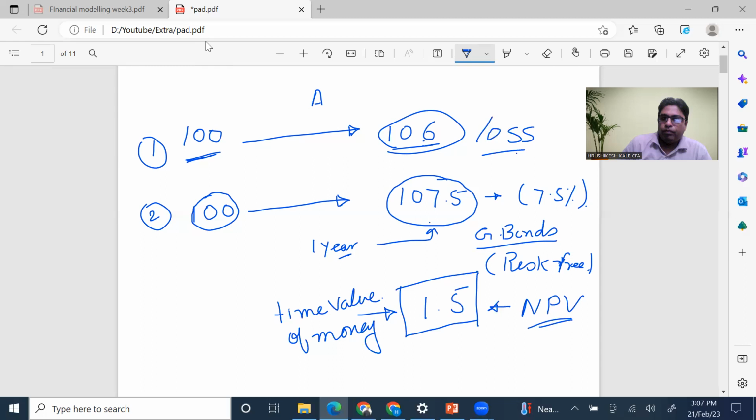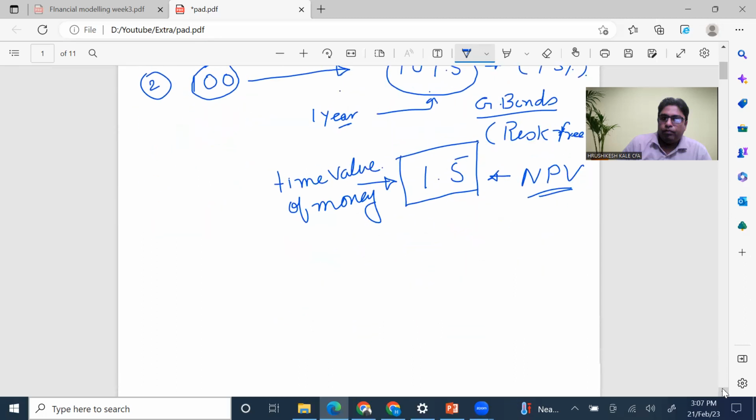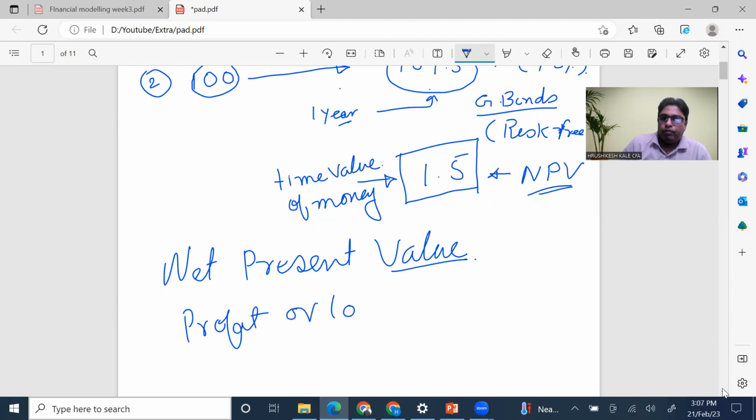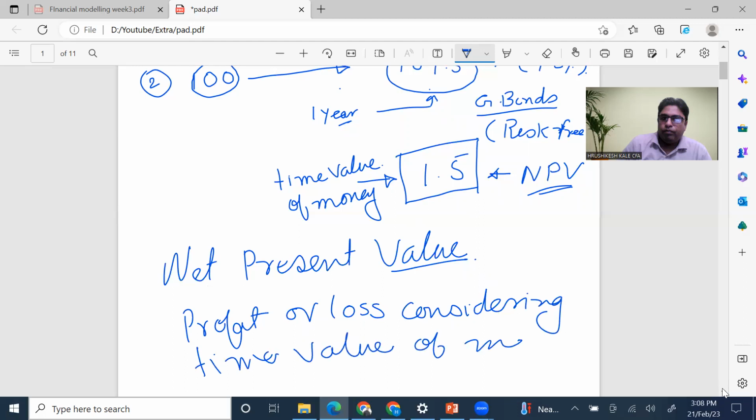NPV is also called net present value, and it is nothing but profit or loss considering time value of money.